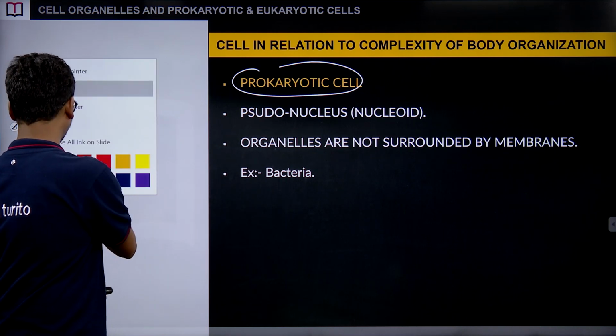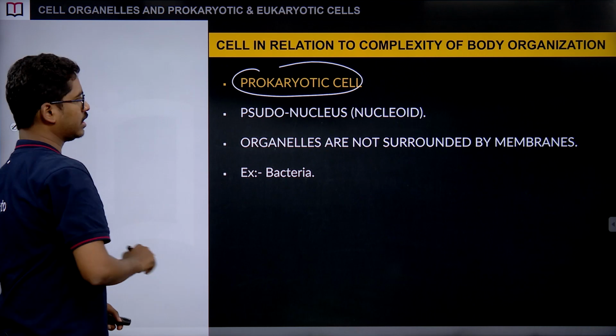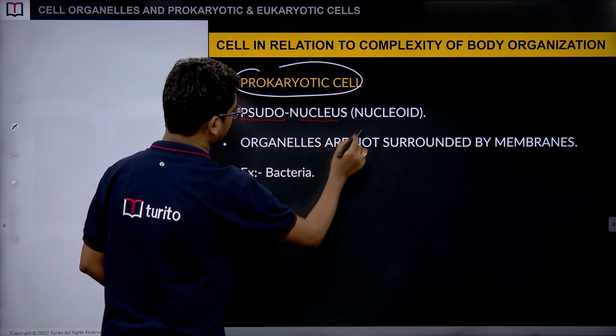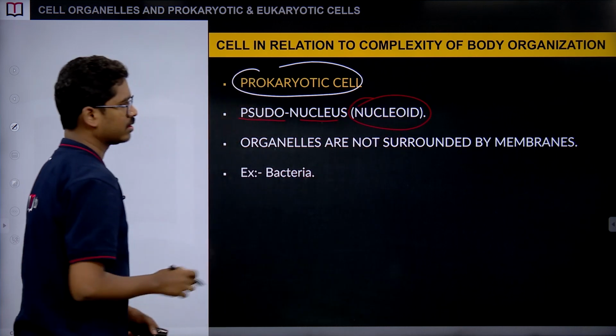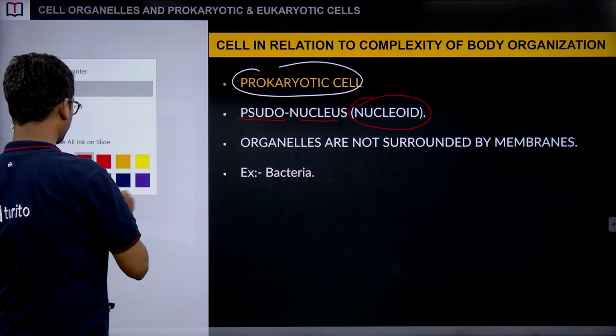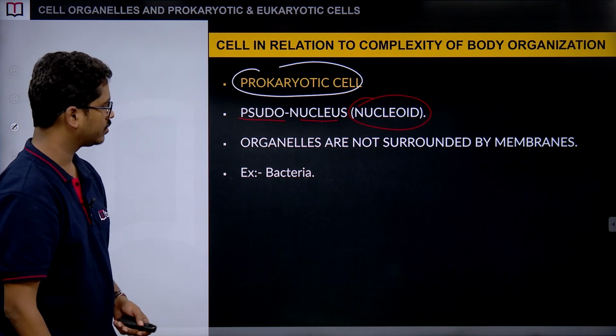If you observe carefully, you would understand that prokaryotic cells have a pseudo nucleus known as the nucleoid.